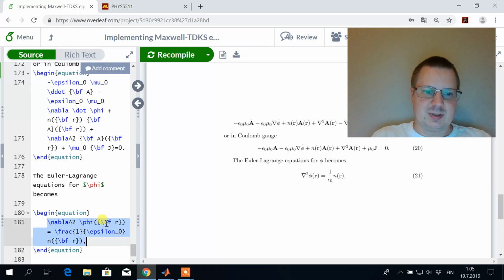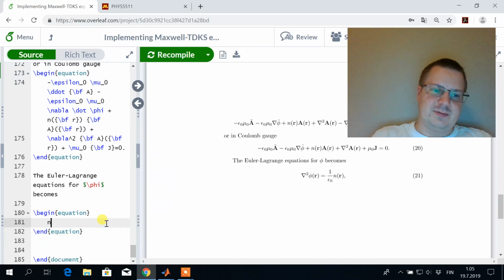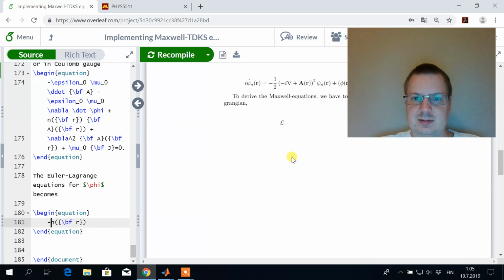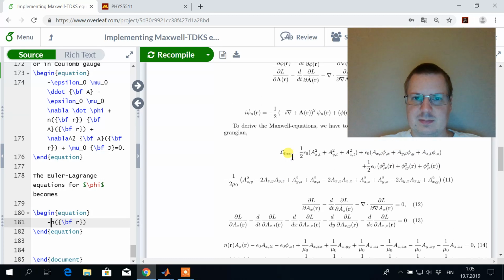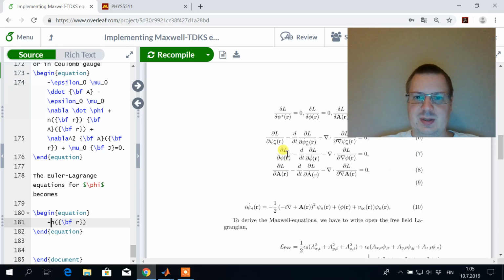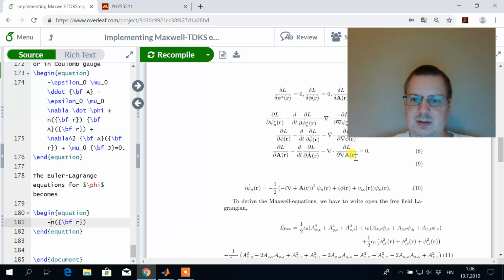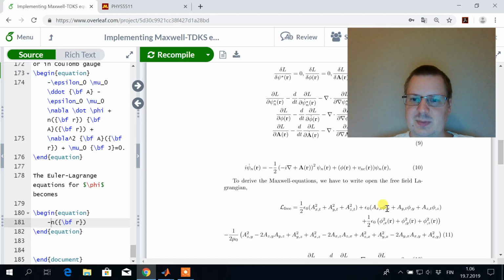Let's just do it from scratch. So firstly, we will get minus n. From this term we will get minus n, and then we won't have any time derivatives, but we do have these Laplacians here. So where do we have them? We do have them here and here.